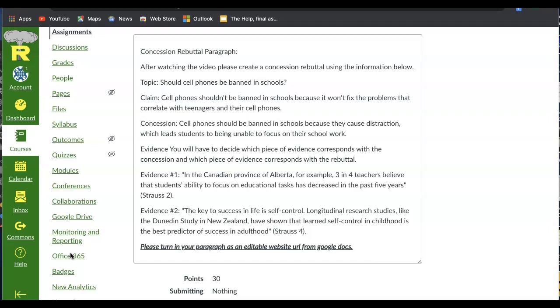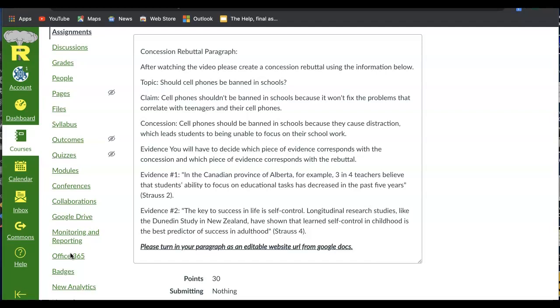So based on the evidence that you see here, you have to decide which one of these pieces of evidence, number 1 or number 2, goes with my claim and which piece goes with my concession. And then once you know that, you can go back to your 6 steps and plug everything in.